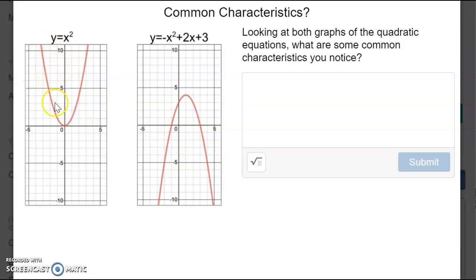It is curved, but it's not a flat curve, it is a pointy curve, and it looks like they are symmetrical, doesn't it? It looks like a mirror reflection. And it could be opening up or it could be opening down.